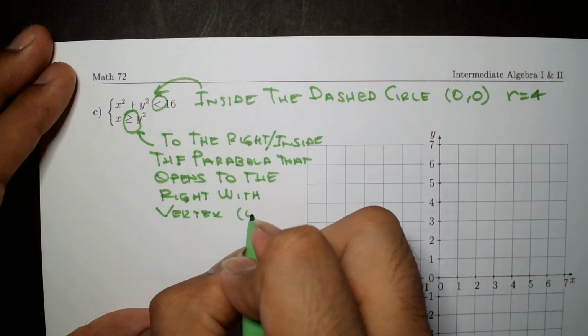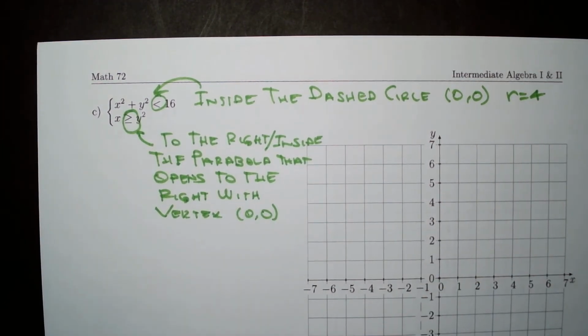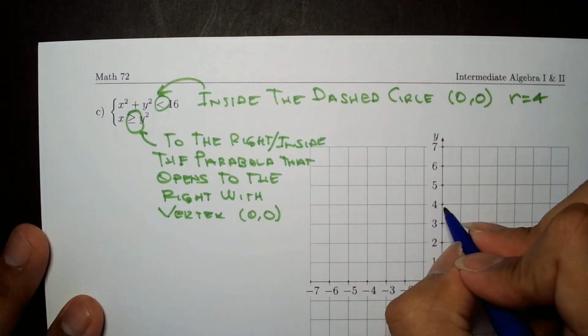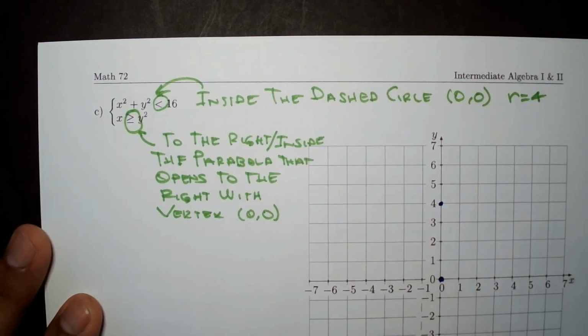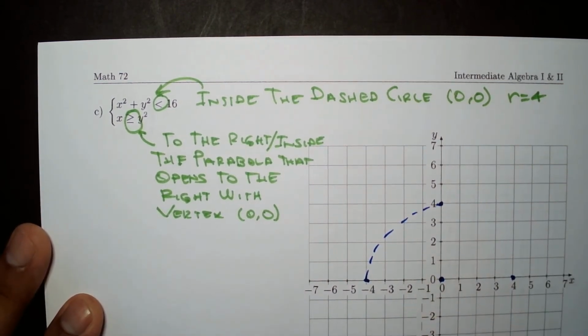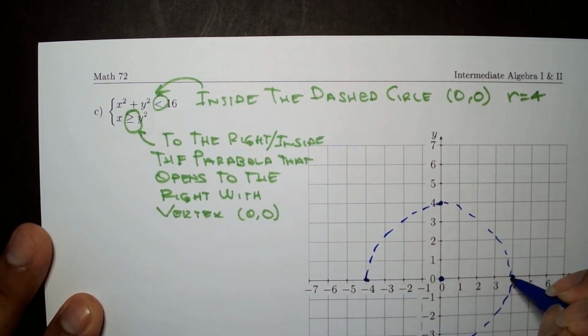All right, so let's draw the circle of radius 4 and dashed. So center the origin, go 4 units above, 4 below, 4 to the right, 4 to the left. And let's draw a dashed circle.